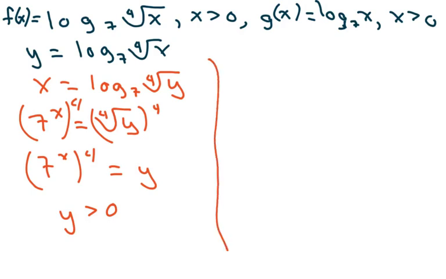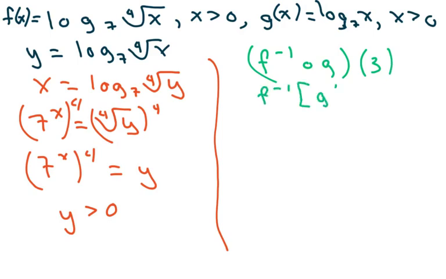And the last step is we're going to evaluate f inverse composed with g of 3. G of 3 is just going to be log base 7 of 3.